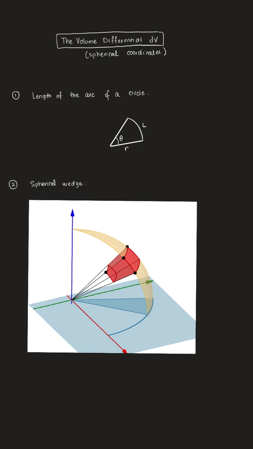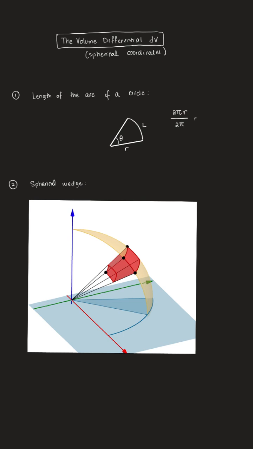So I'm going to form a ratio of full circle to wedge, right? So the length of the full circle is its circumference. That's 2 pi r. And that is related to an entire rotation around the circle, which has 2 pi radians.